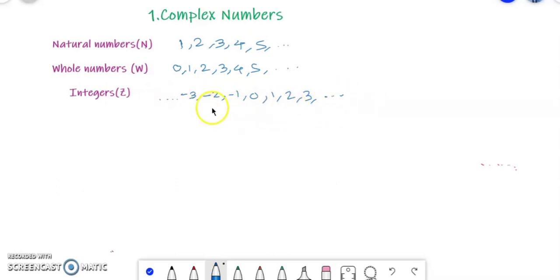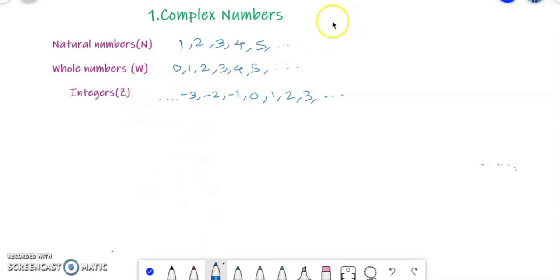But these are called the integers. This set doesn't contain fractions like half or 0.7 or -3.2, etc. These are the preliminary kinds of numbers which we have discussed in our primary education.